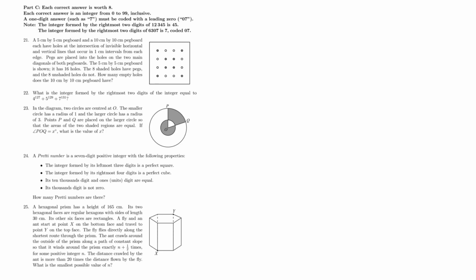Pegs are placed into the holes on the two main diagonals of both pegboards. The 5 cm by 5 cm pegboard is shown. It has 16 holes. The 8 shaded holes have pegs, and the 8 unshaded holes do not. How many empty holes does the 10 cm by 10 cm pegboard have?